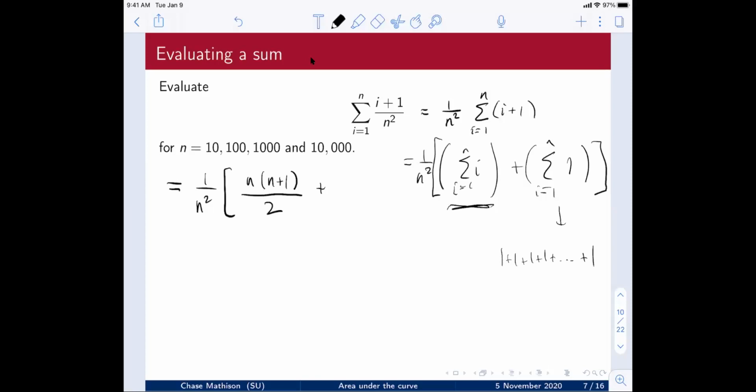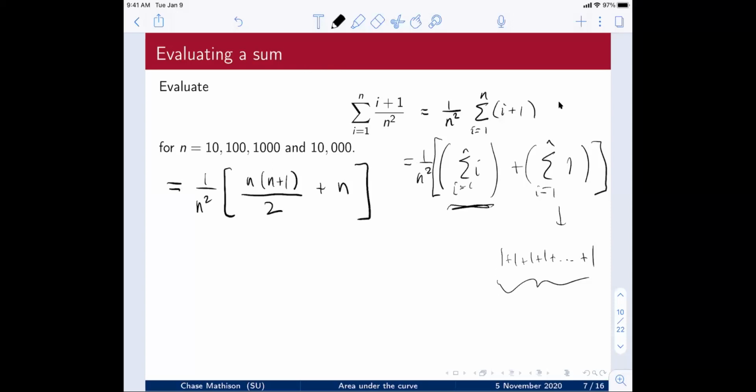How many ones am I adding up here? Yeah, perfect. It's just n times 1, and that gives me n. Very good. Yes, thank you, Safa.